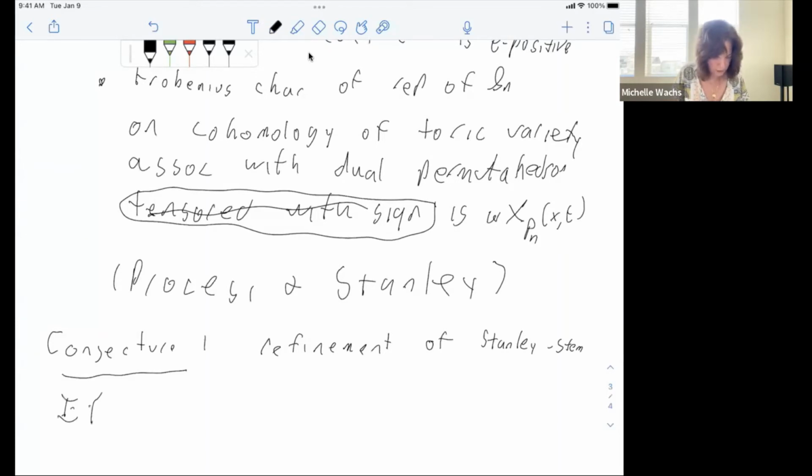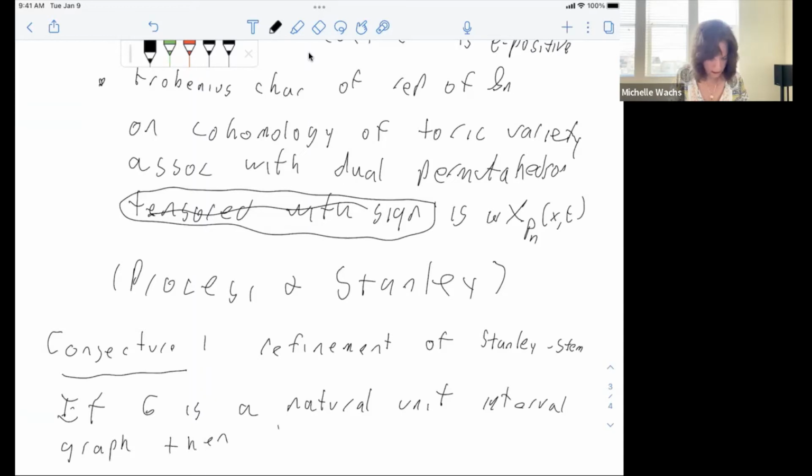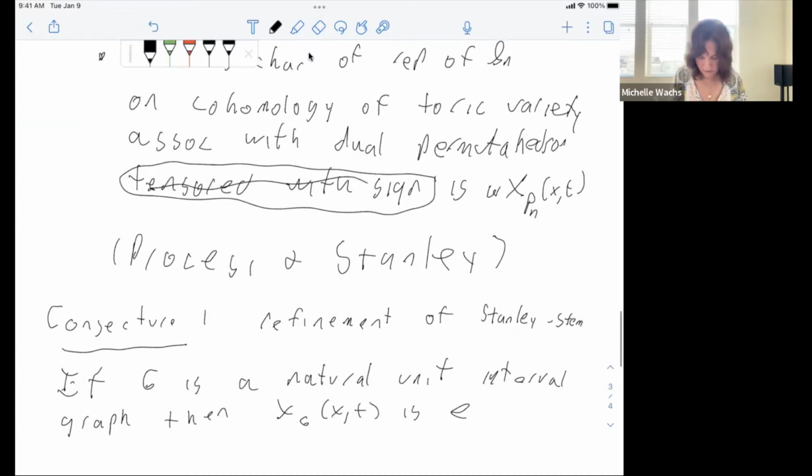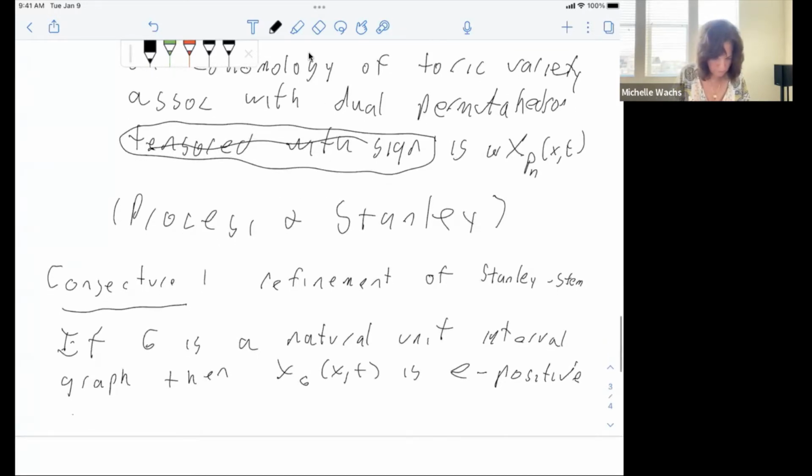If G is a natural unit interval graph, then X_G(x,t) is E-positive and E-unimodal.